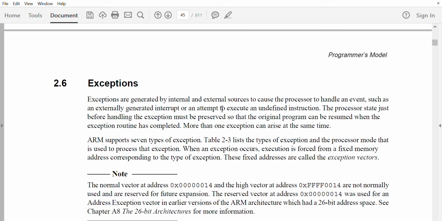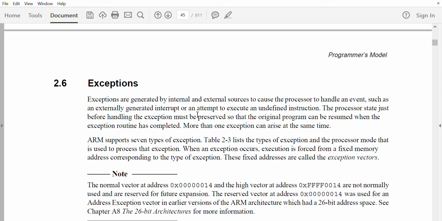Whatever data you need to resume the execution of the normal program should be preserved. Maybe the content of the carry flag, the content of the overflow flag, or the program counter address.